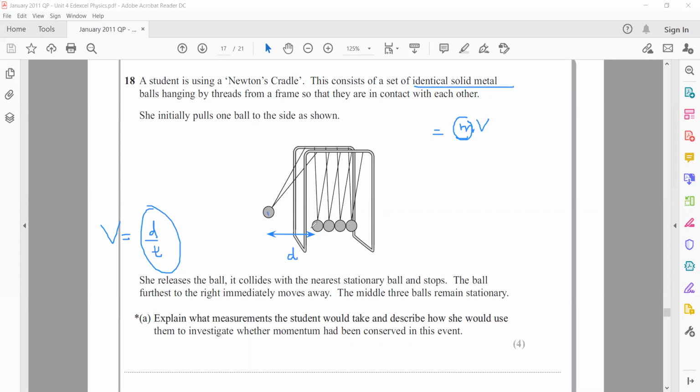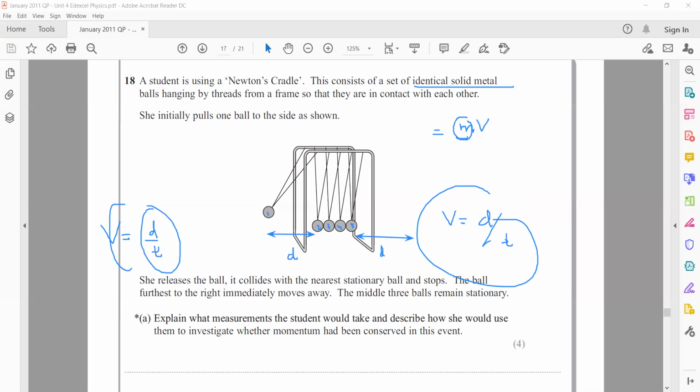For example, if these are balls 1, 2, 3, 4, 5, then I should measure the distance moved by ball 5 and divide by time, and I will get the velocity of the last ball. If their velocities are the same, because they are identical masses, then the momentum will also be conserved.